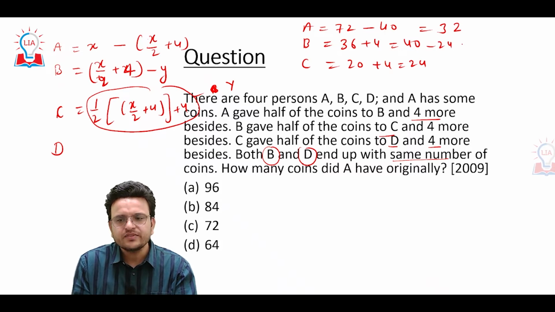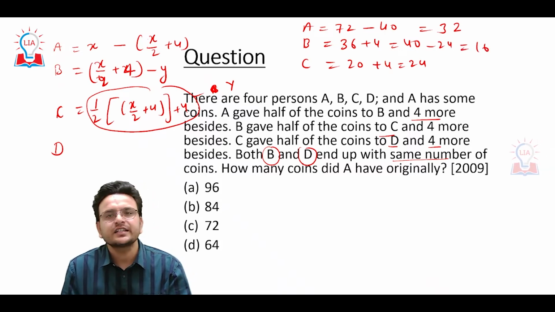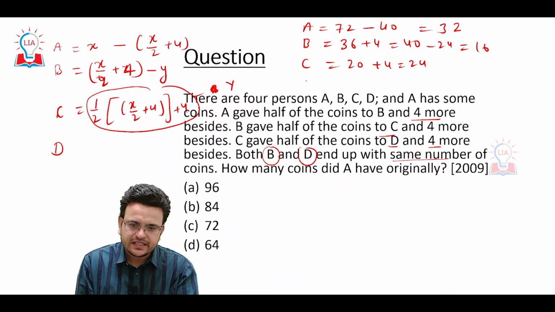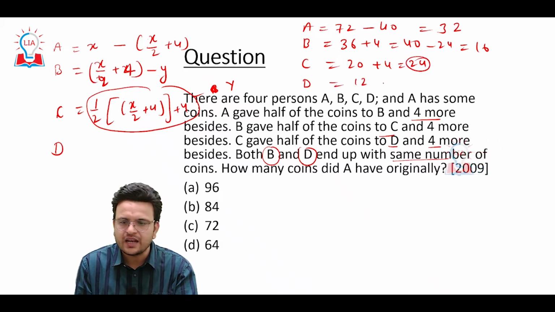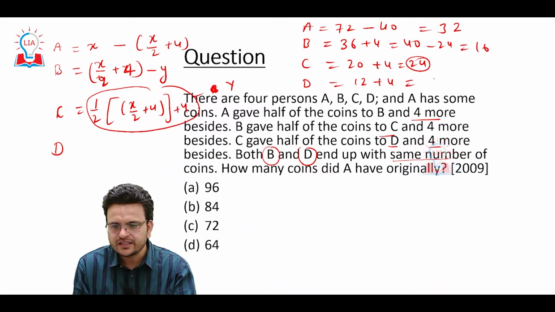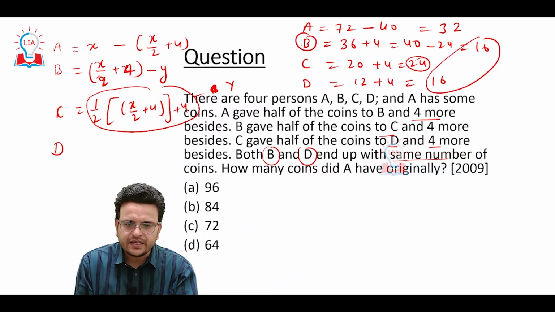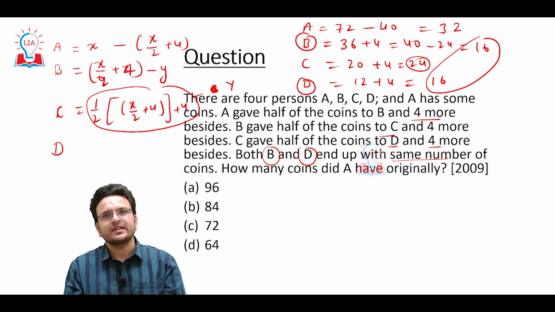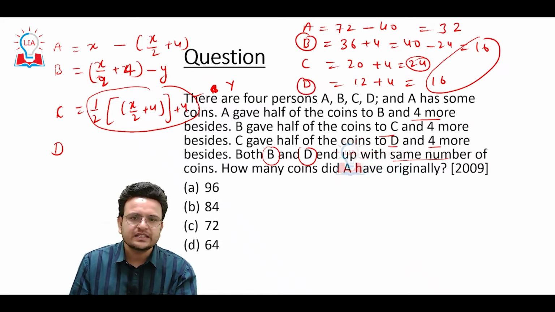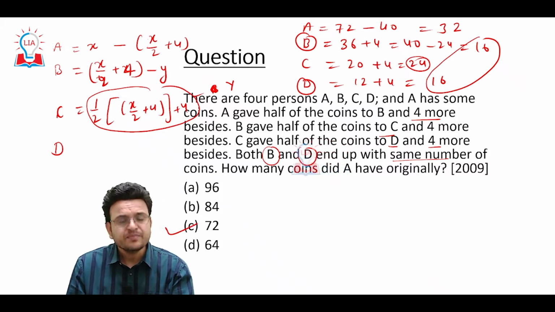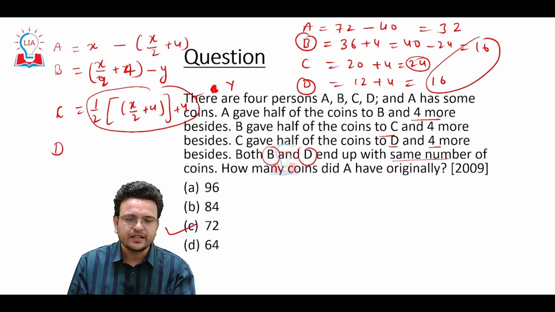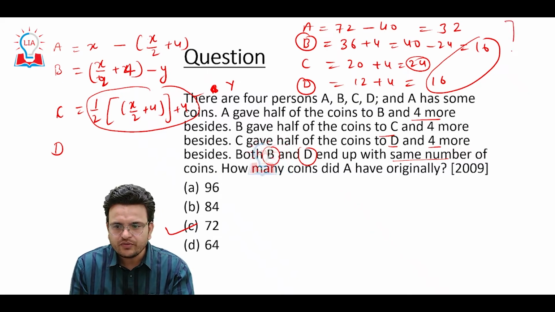The remaining with B is 16. In the same way C gave to D half of 24, that is 12, and 4 more, that is 16. It means both B and D have the same coins. So here we can say the answer will be C. I have taken the answer only, but you have to fulfill the conditions.